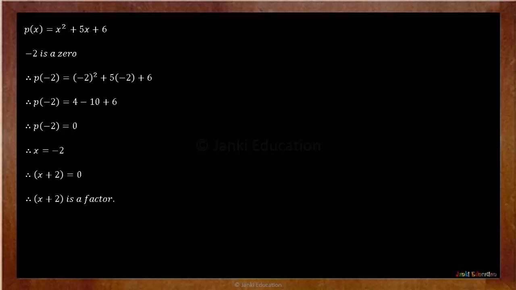Now please pay attention to the word factor. Let's say 3 and 5 are factors of 15, so we can show 15 as 3 times 5. It's so simple, but try to understand the logic.